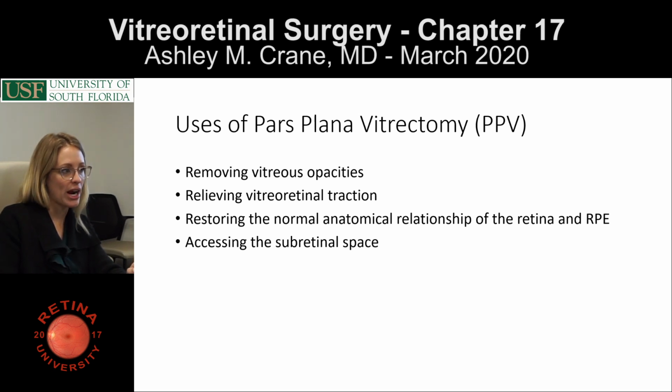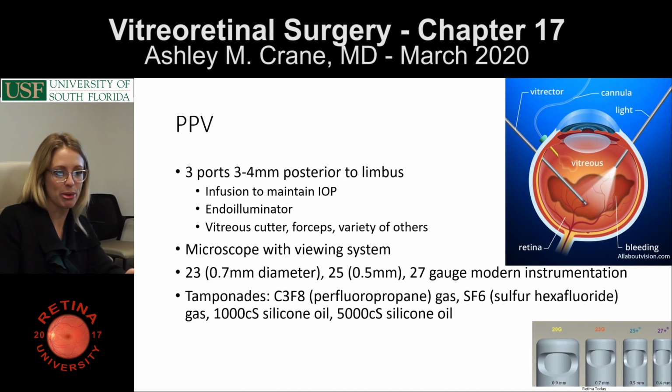Relieving vitreoretinal traction is very important. Restoring the normal anatomical relationship of the retina and RPE oftentimes comes with relieving vitreoretinal traction. And accessing the subretinal space is not a very common part of vitreoretinal surgery, but it can be useful.